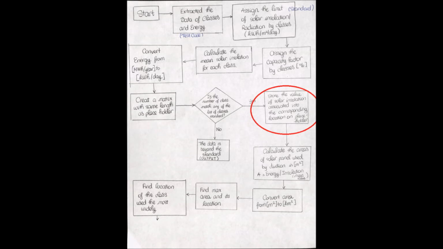The matrix from step 6 had the class in column 1 and the energy in column 2. Now we're creating a new column, column 3, and we're going to put the solar insolation in that column. The reason we're doing this is that now that we have all three in one matrix, it's easier to find the area. So the area is equal to the energy divided by the insolation.